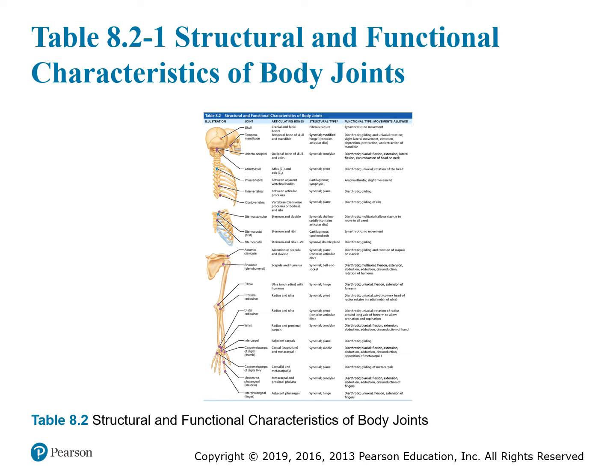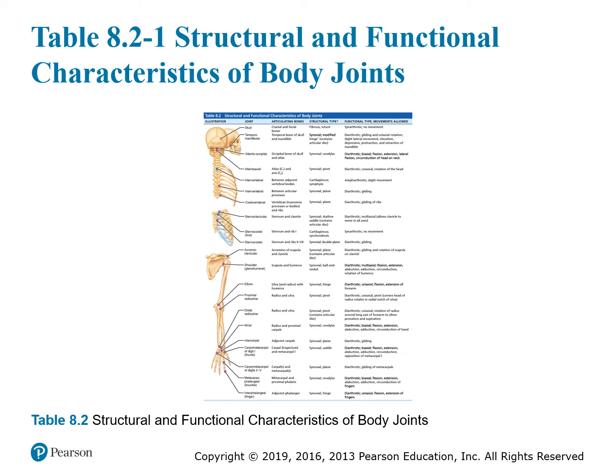The carpometacarpal joints of digits 2 through 5 consist of the carpals and the metacarpals coming together along a synovial joint, a plane joint, and functionally considered diarthrotic, with gliding of the metacarpals across each other.